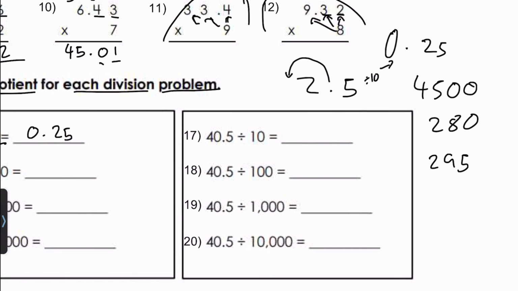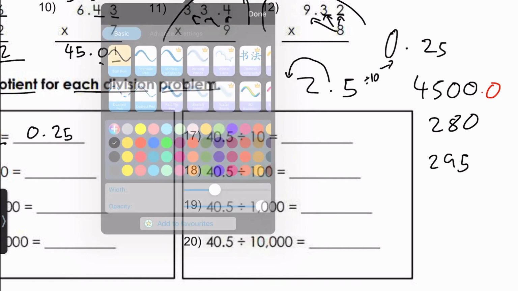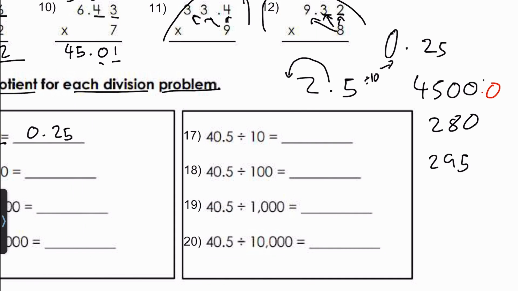So 4,500 is the same as 4,500.0. This is where it comes in useful. You move the decimal place 1 to the left. It's now going to equal 450.00, which is still just 450.